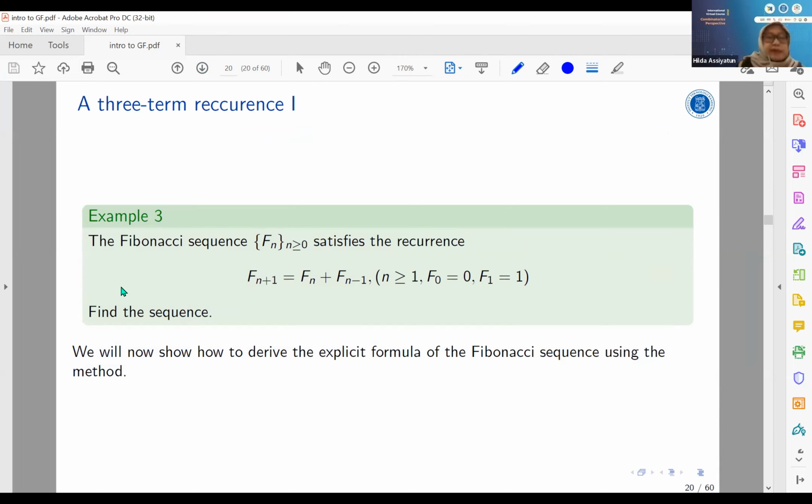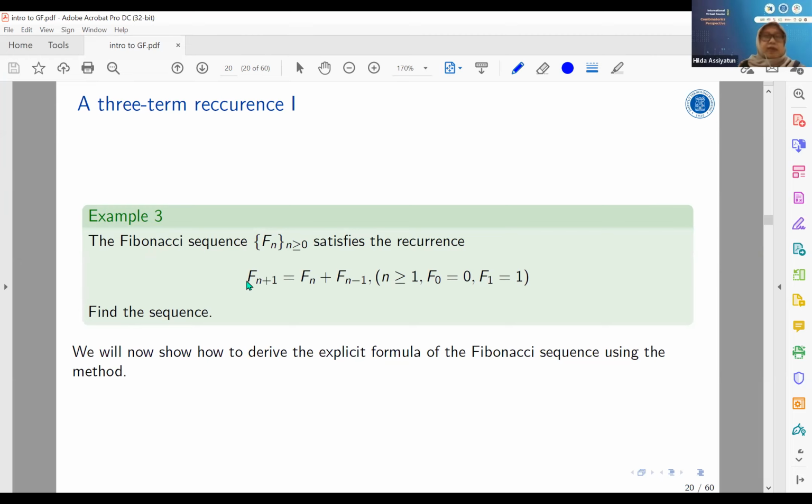Okay, now let's see the next example. This one is a 3-term recurrence. So now we look at our old friend as well, the Fibonacci sequence, with this recurrence formula.